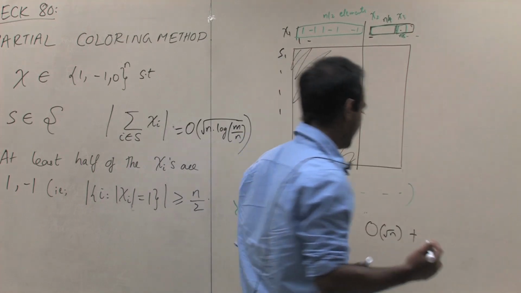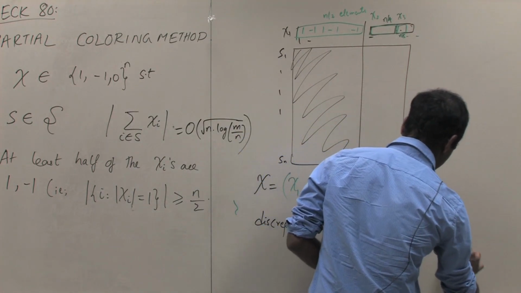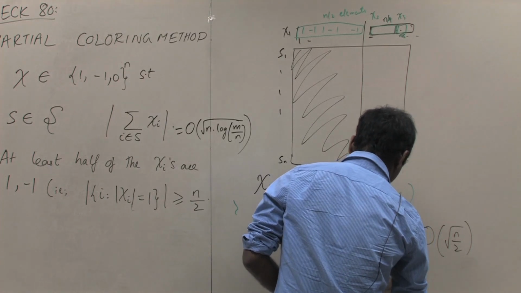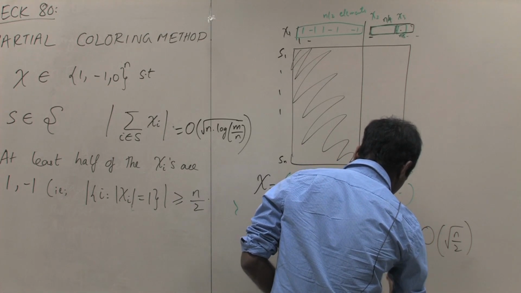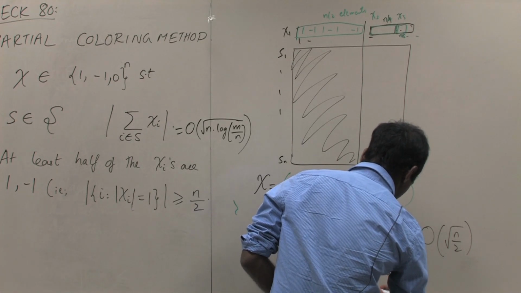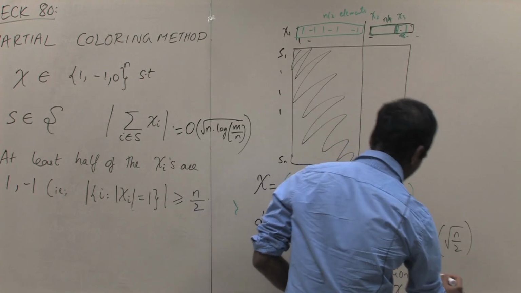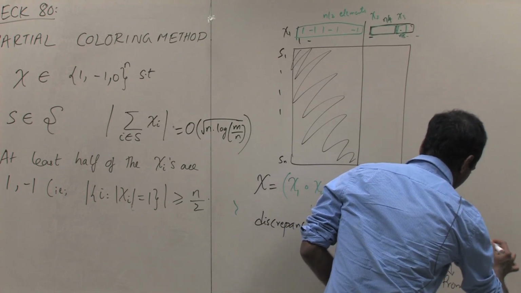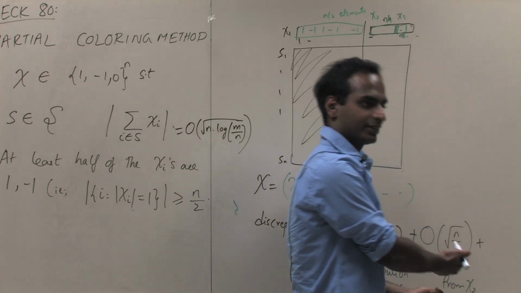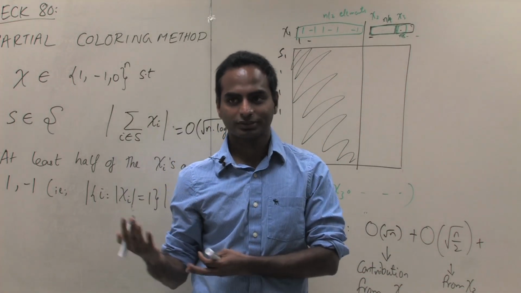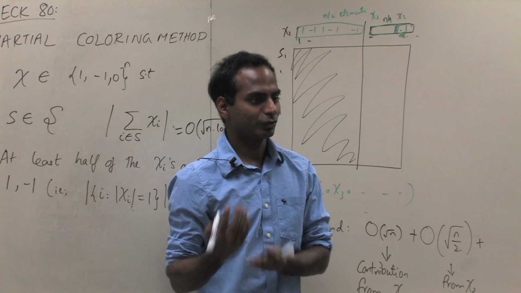So this is the contribution from chi1, and this is from chi2, and what should happen next? You should get a contribution of O of square root of n over 4, right?